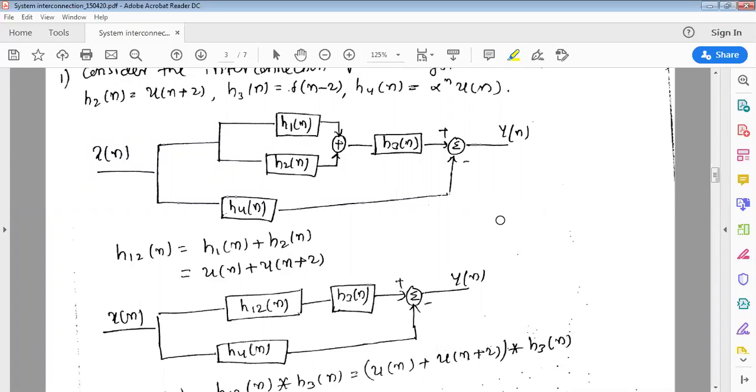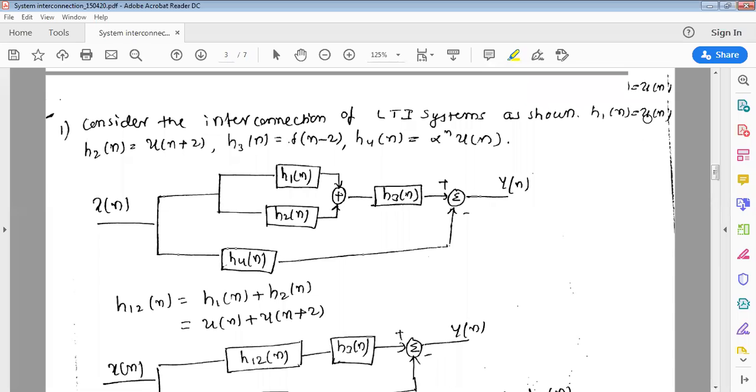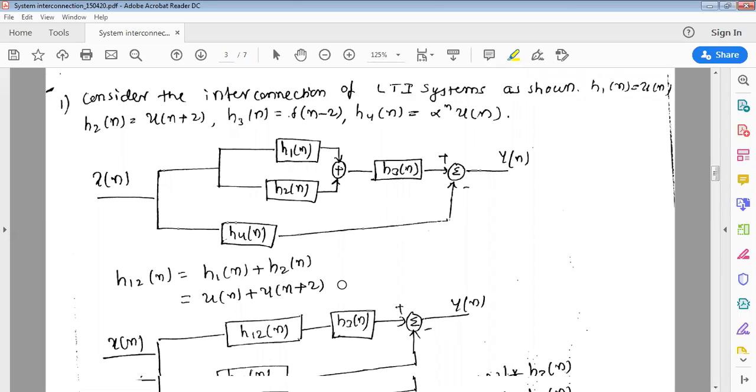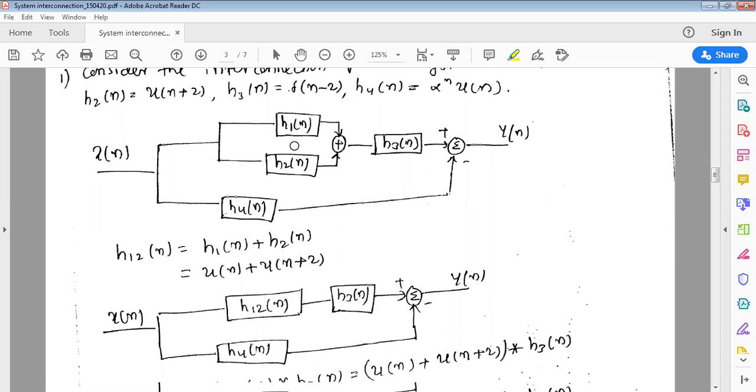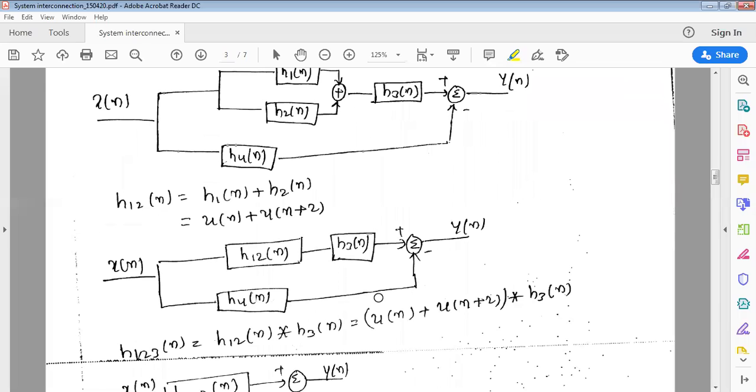Only 2 points to remember. H1 and H2 are parallel, therefore they are replaced by addition. But what is H1? u of n, and what is H2? u of n plus 2. So I'm taking these. Once I take these two, I'll replace H1, H2 with H12 of n and H3 of n, and this is H4 of n.